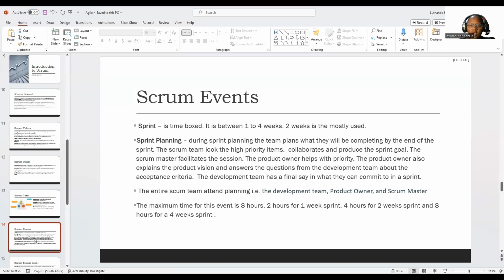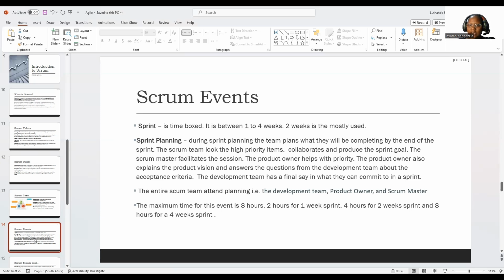The product owner will explain the product vision so that when the team is building this product, they have in mind why they are building it, so that we are able to cater for our clients as best we can. We are able to build a system that is user-friendly and customer-centric.